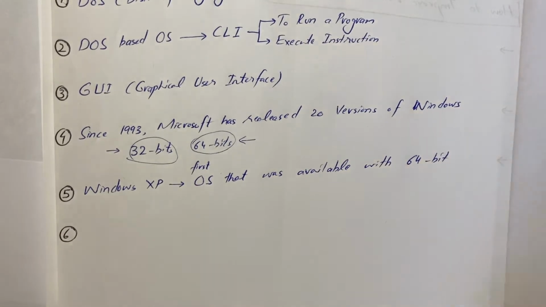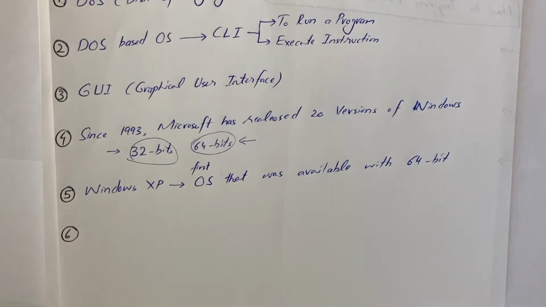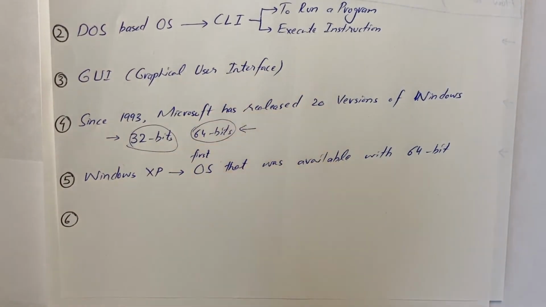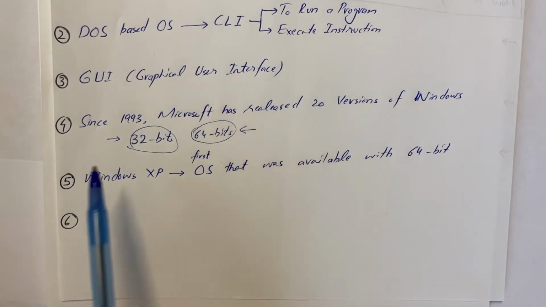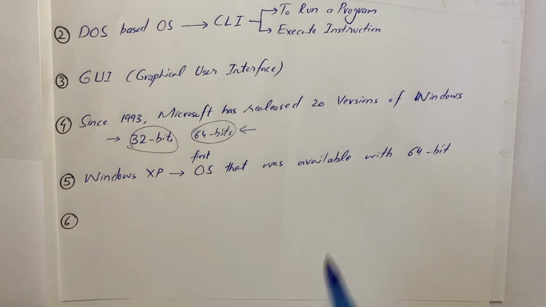For a 64-bit processor we can use Windows XP, in fact. And other operating systems like Windows Vista, Windows 7 and all others come with 64-bit and 32-bit, including XP as well. XP has two variants, 32-bit or 64-bit.